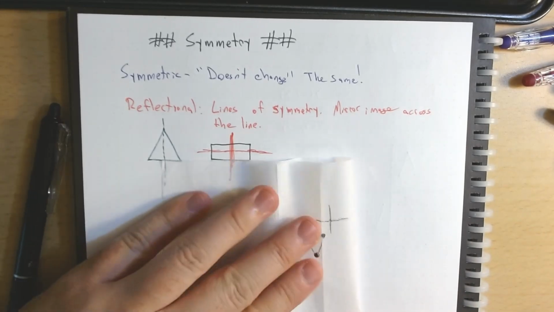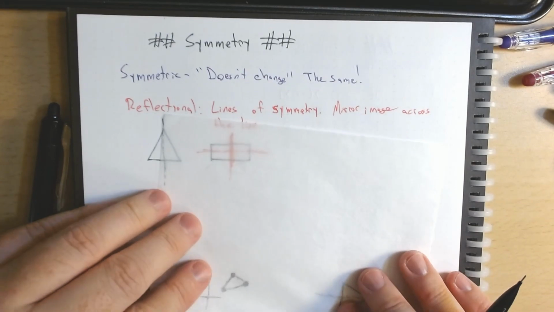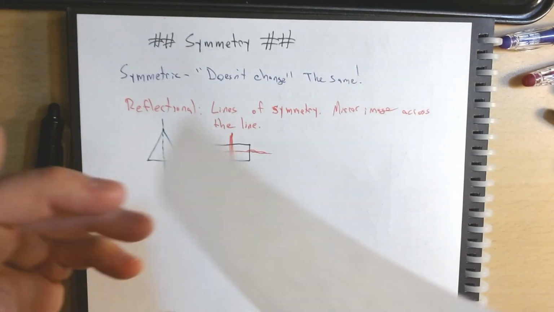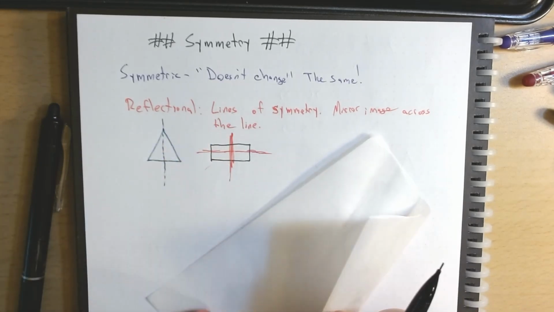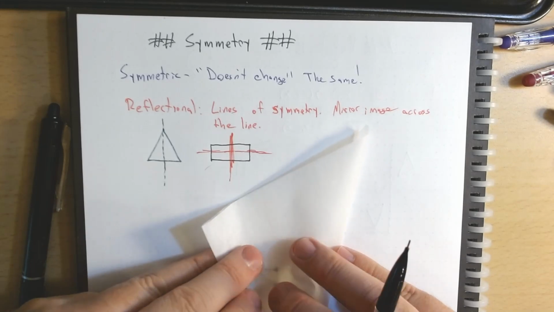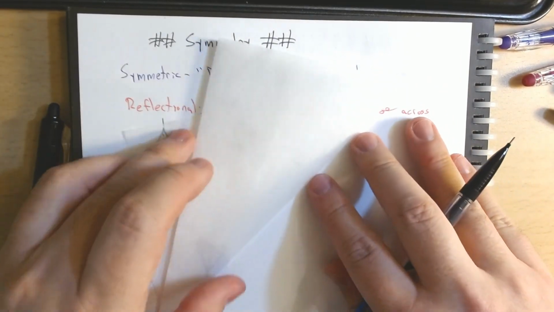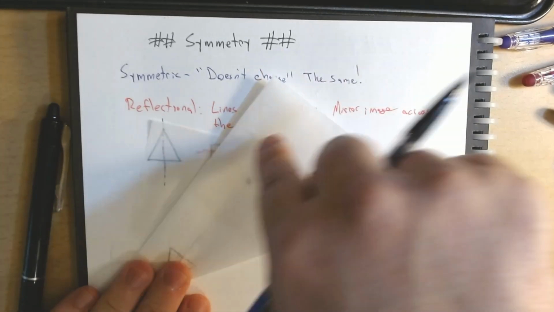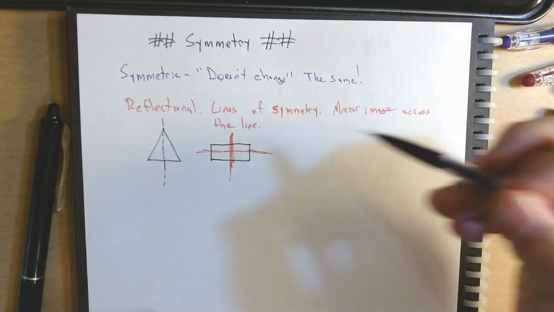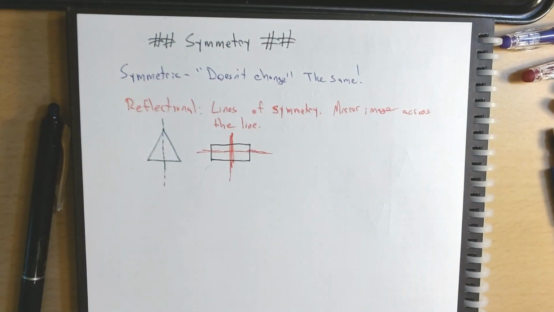If you have a rectangle and you try to fold it diagonally, it doesn't match up on itself. It ends up not matching itself. See, there's extras. So you can't have a diagonal line of symmetry on a rectangle. That was a really long time of me just doing one rectangle and saying that one thing.